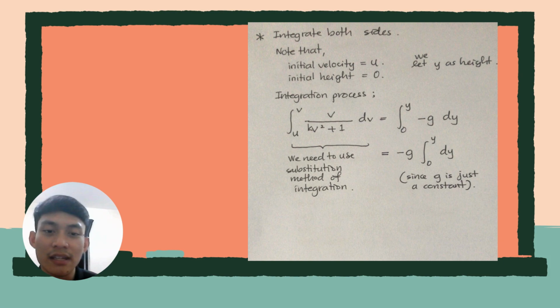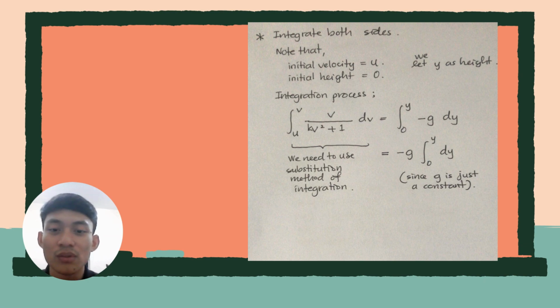So as we can see from these integrations, the right hand side would be easier to solve, but not the left hand side. The left hand side, we need to do more work.